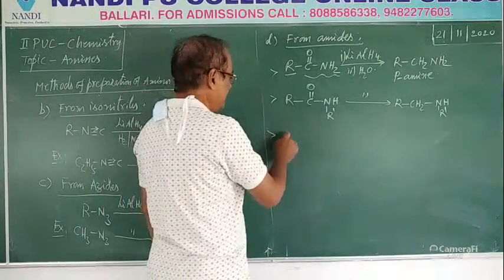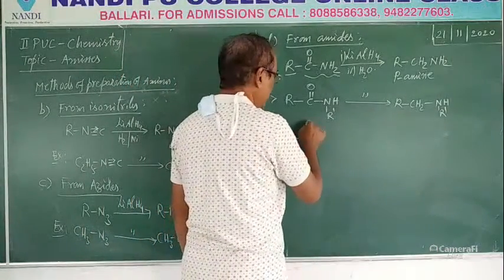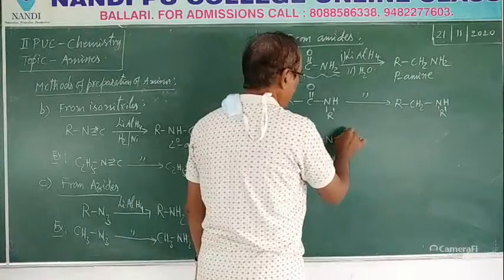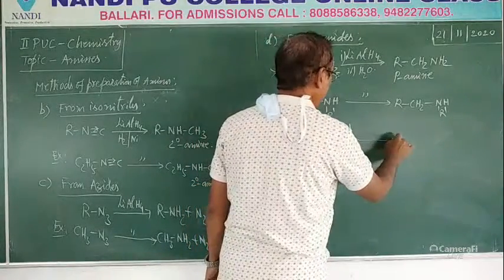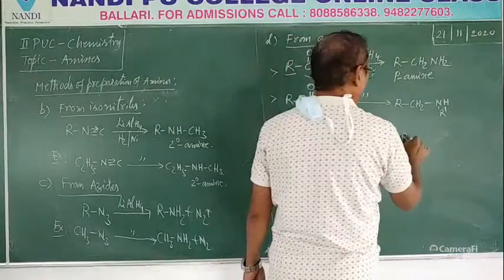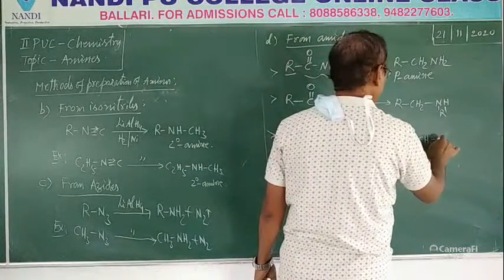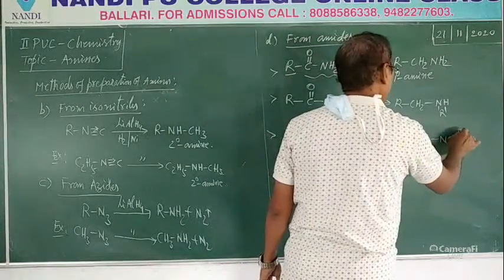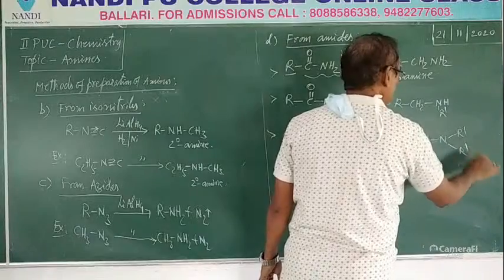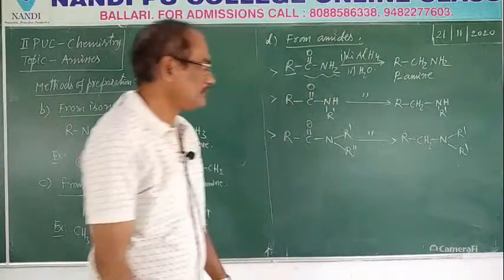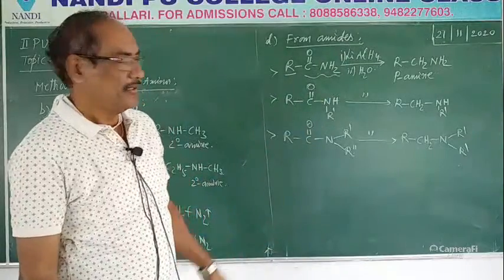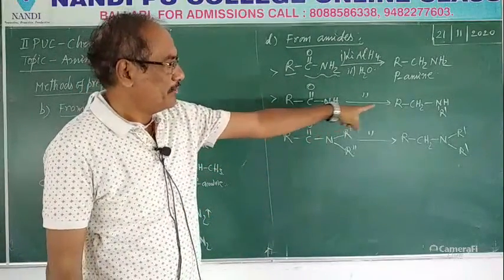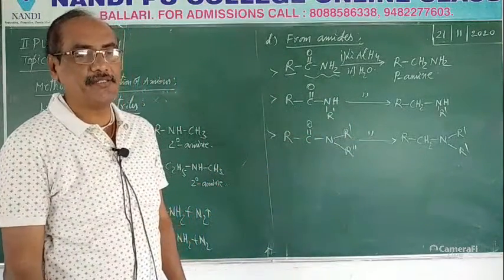Suppose I take RCO NR2, with R dash and R double dash, then you will get the same RCH2 N R dash R double dash. If you take amide, you will get amine. If you take substituted amide, you will get substituted amines.